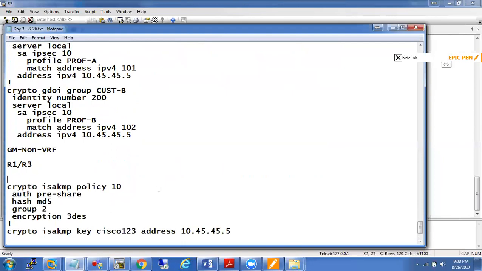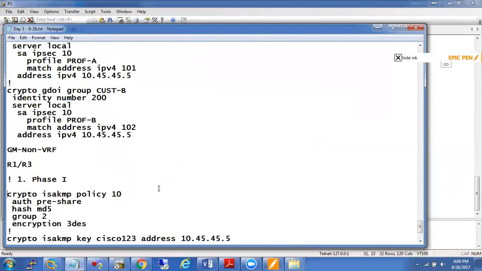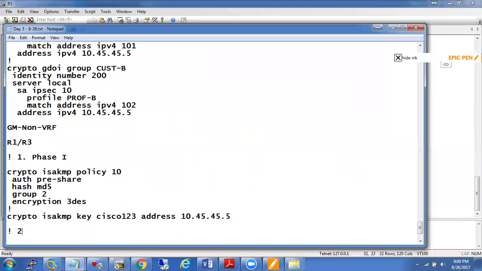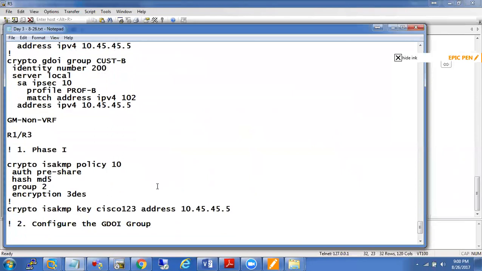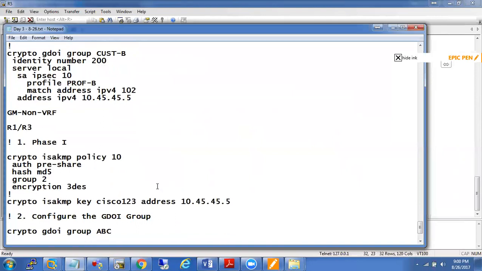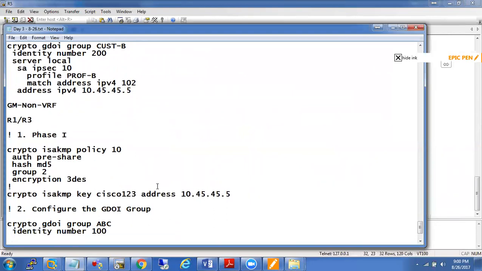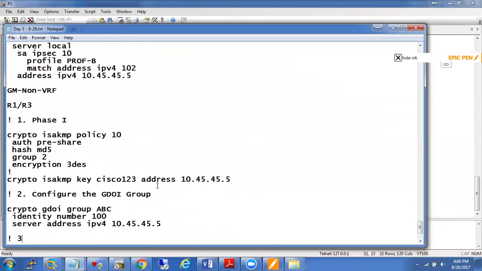This is step 1, which is phase 1. Step 2 is to configure the GDOI group, crypto GDOI group ABC, whatever you want to call it. Identity number is 100. Server address is IPv4. Done.